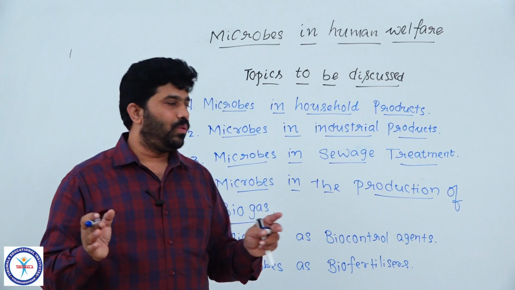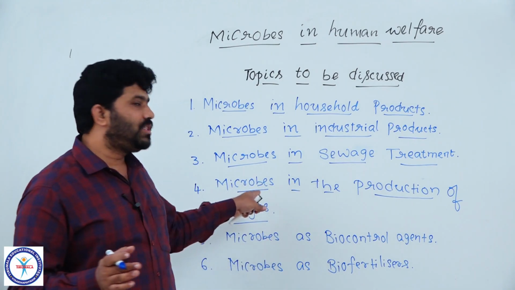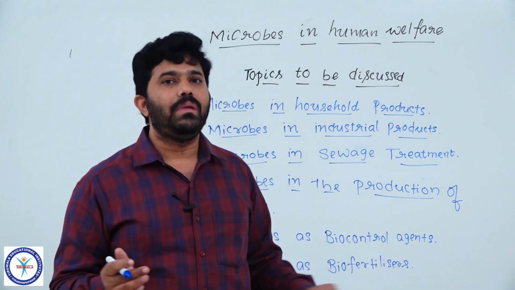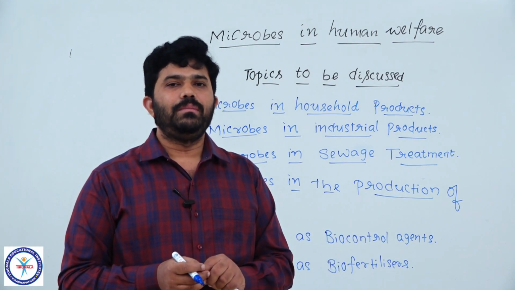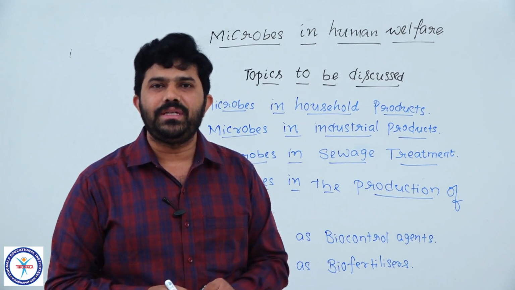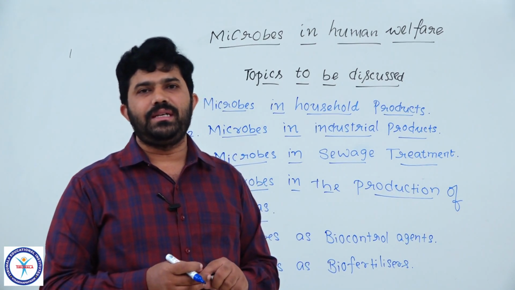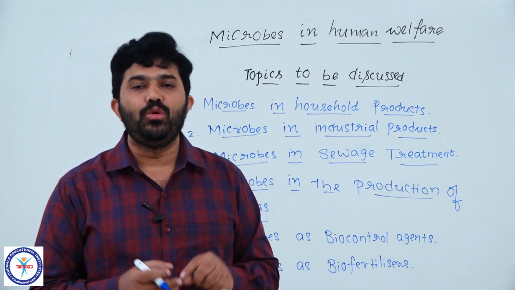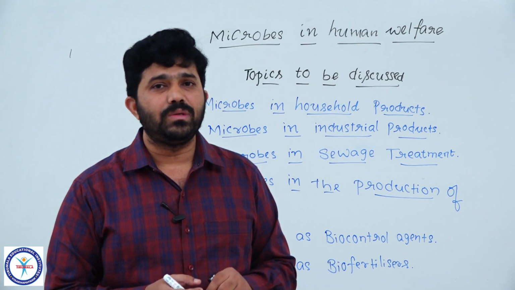Into the biogas tank, some microorganisms are added, especially methanogens, methanogenic bacteria. Methanogenic bacteria are generally present in the dung. How are they present in the dung? In the digestive system of ruminants like cows and buffaloes.